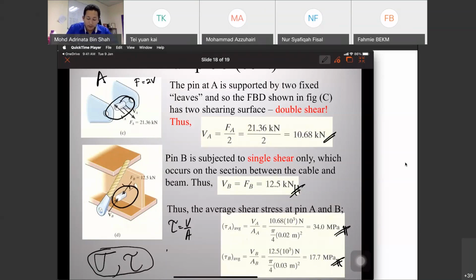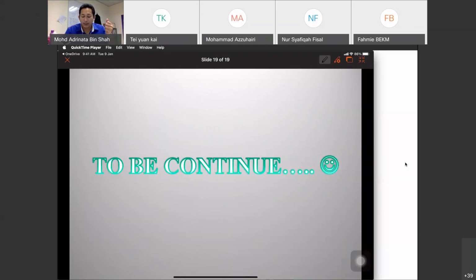The unit is normally megapascal or pascal. Mega is 10 to the power of 6. This is what you calculate from the load given to your components.